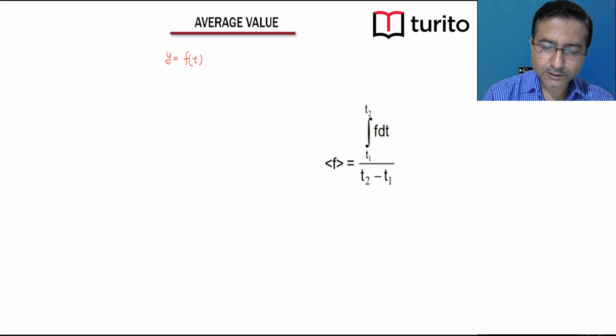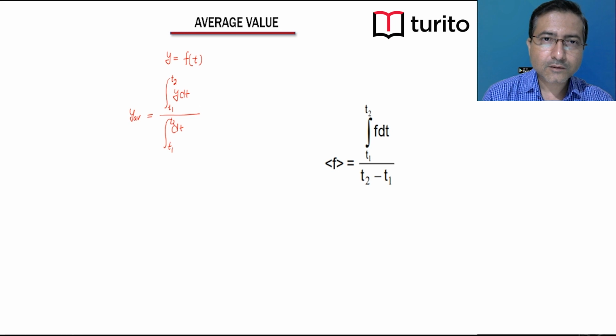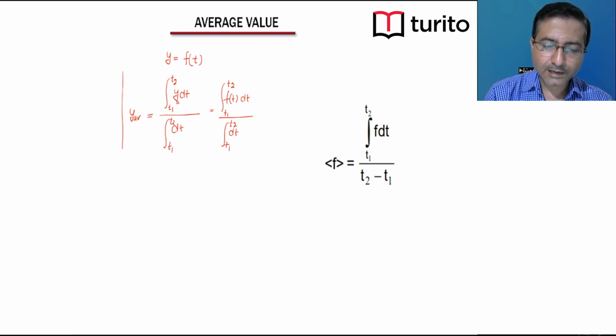The formula for average value is the integration of y dt from t1 to t2. In place of y, I can write the function, and I'll integrate the function for this given interval t1 and t2. So this will give me the average value of the function.